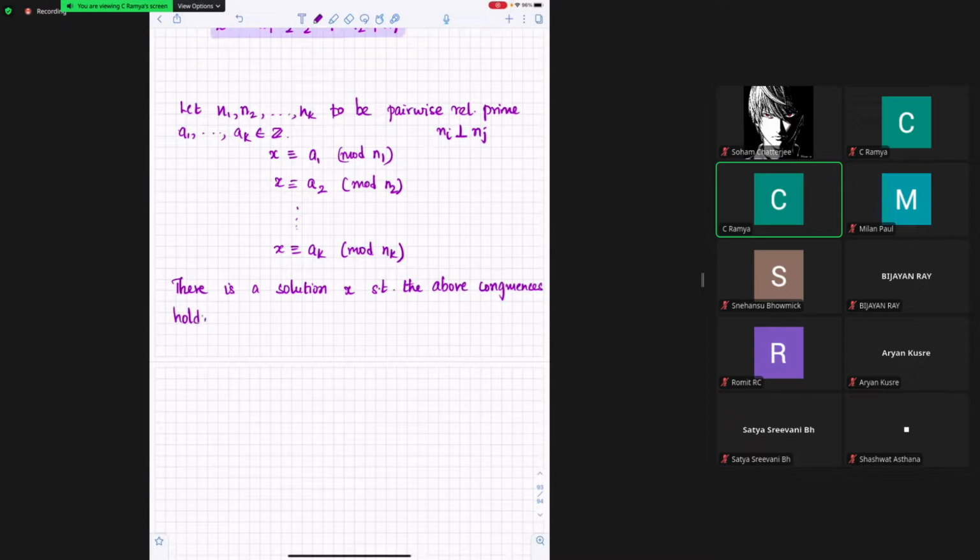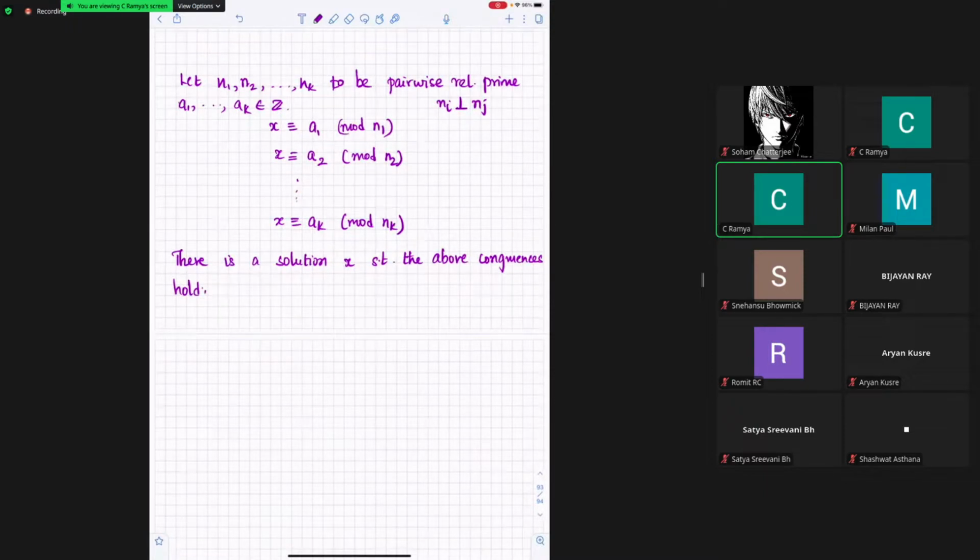Now, the other question you may want to ask is, can there be many solutions? Can I come up with an x which is like 40L plus 12, and somebody else comes up with another solution, which is 20K plus 3? Is that possible? These solutions are unique up to modulo. What do I mean by that?